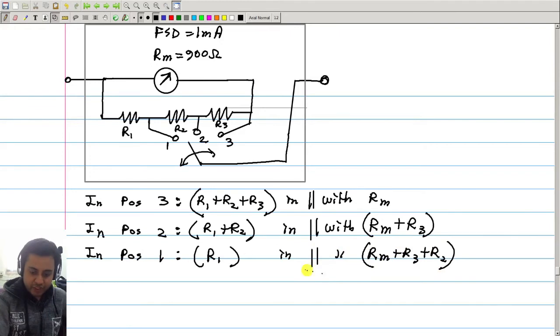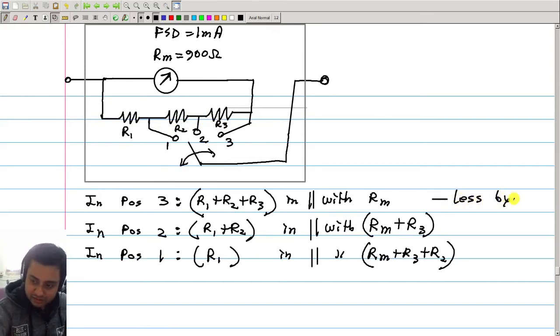So here you observe in position 3, parallel resistance is larger, so less current is bypassed, whereas in this case lower resistance is in parallel, so here we have more bypass.